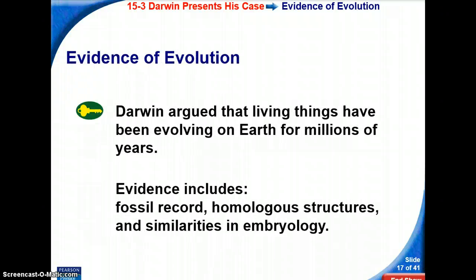Darwin argued that living things have been evolving on Earth for millions of years, and the evidence he is able to include are the fossil record, which we talked about in the last section, something called homologous structures, which we'll talk about in a second, and also a similarity in embryology, which we'll also talk about momentarily.